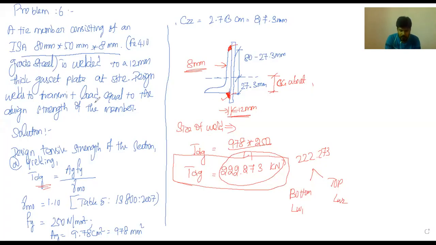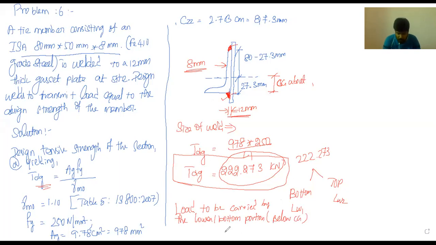So first, the load to be carried by the lower or bottom portion, that is below the CG, center of gravity portion.